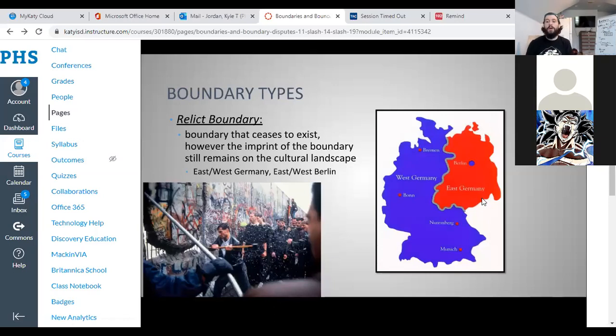So much so that you can actually see the difference between West Berlin and East Berlin from space, because if we zoom in on Berlin right here, the western side used one style of light bulbs that was used by Western Europe, and the eastern side was using another style of light bulbs that was used by and produced by Russia.